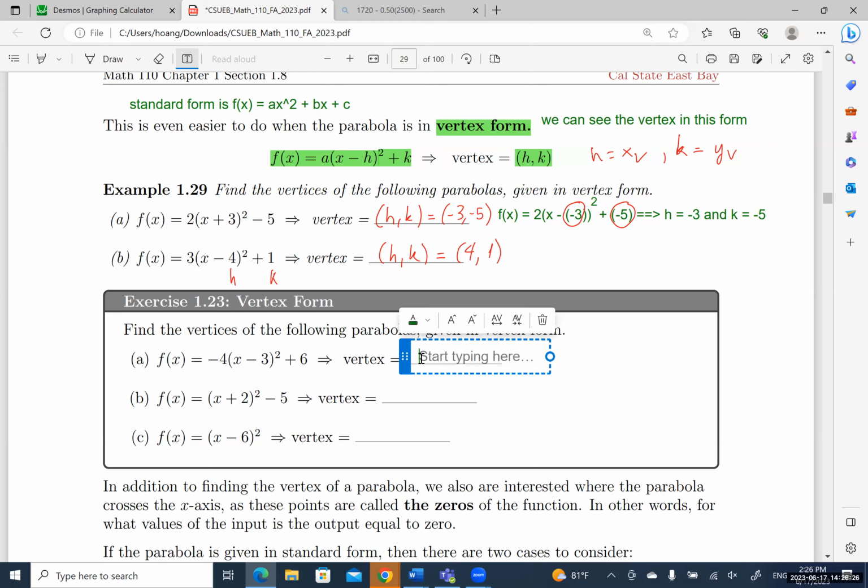So you can right away have the vertex going to be h comma k, which is equal to 3 comma 6, right? Okay, so you can go ahead and try B and C.